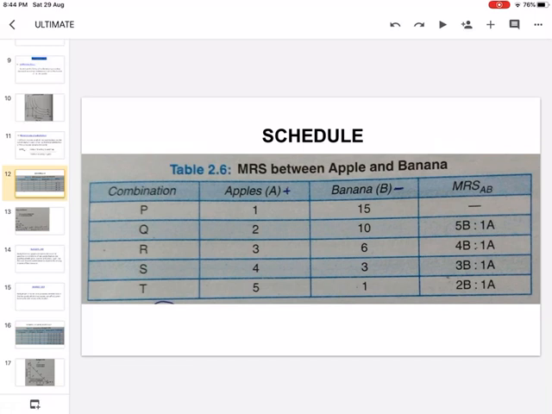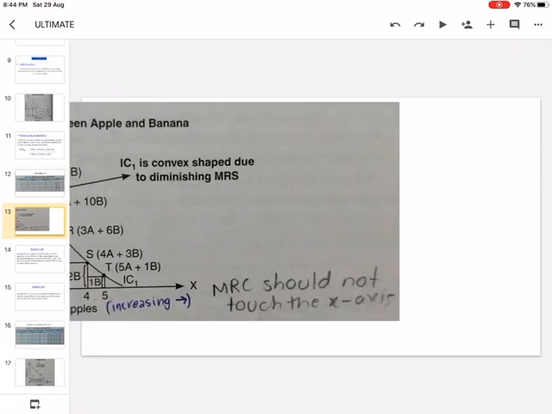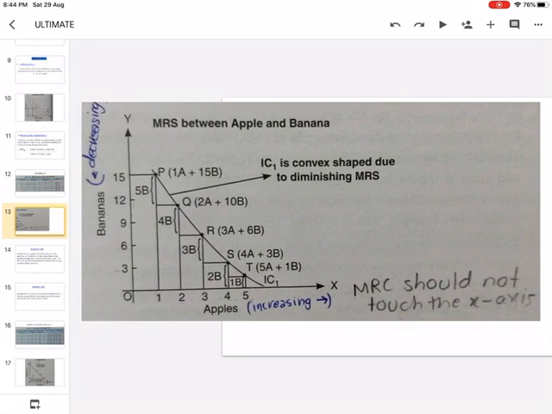But what do you see in the last column? First he is sacrificing 5 bananas for 1 apple, then 4, then 3, then 2. So what is happening is that successively the amount of bananas that he is willing to give up to get 1 additional unit of apple keeps decreasing.